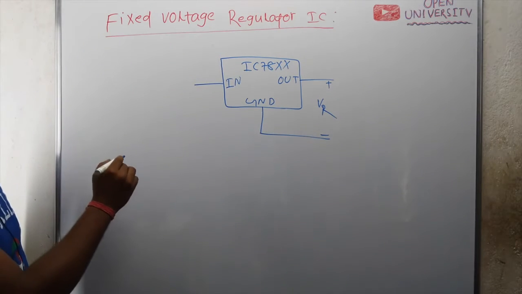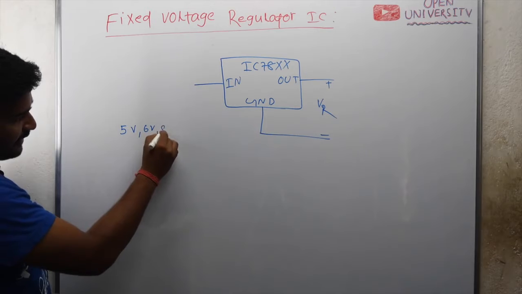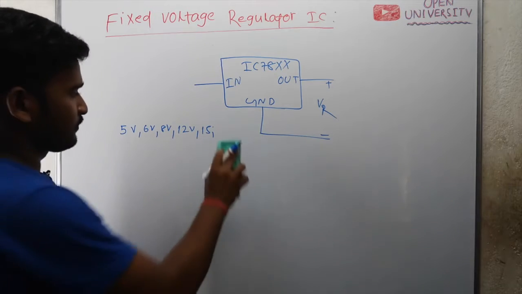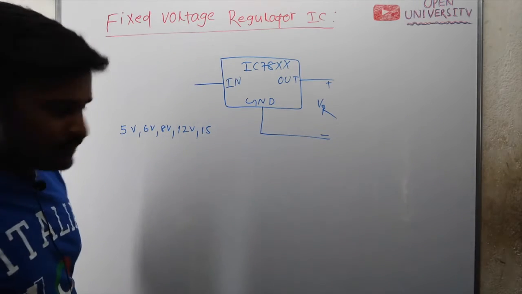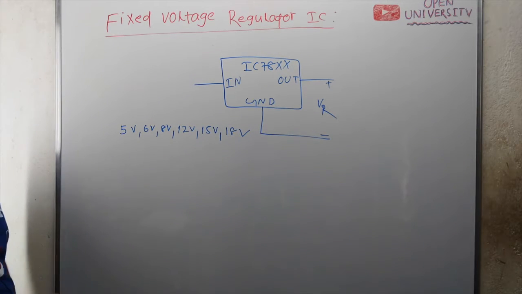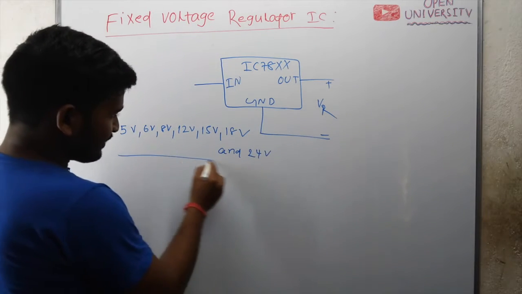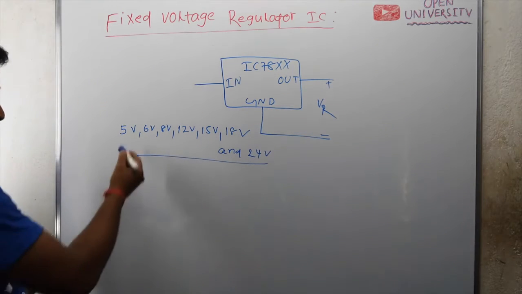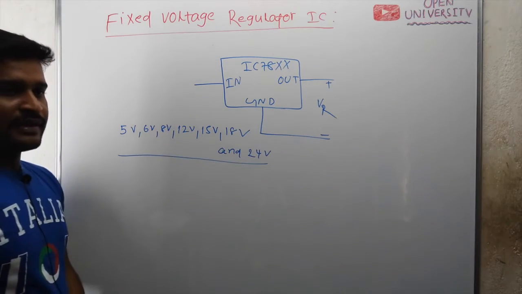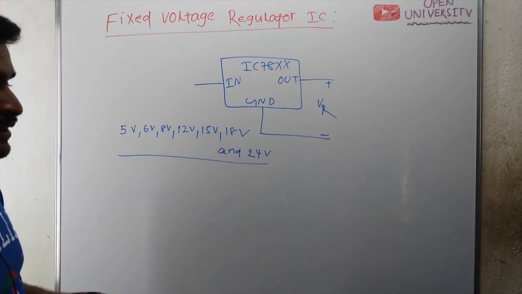The output voltage options are 5 volt, 6 volt, 8 volt, 12 volt, 15 volt, 18 volt and 24 volt. These are the ICs which are available in the market commercially.